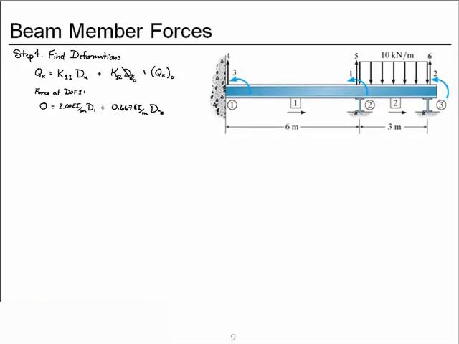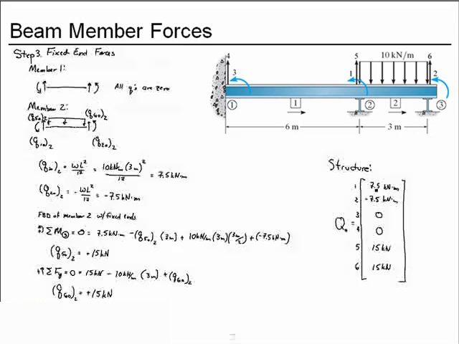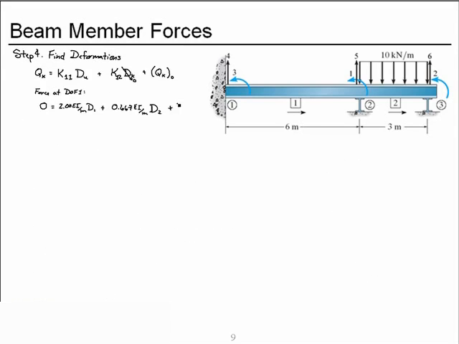And that's times the deformation at degree of freedom 2, and we add the fixed end force for the structure at degree of freedom 1, which is a positive 7.5 kilonewton meters. And this we'll call equation 1.